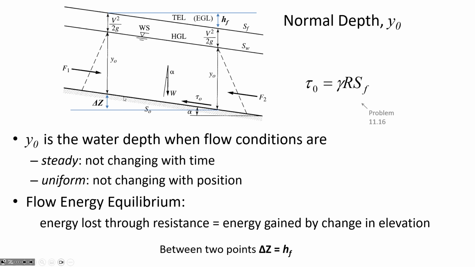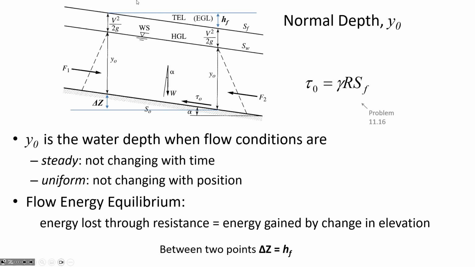So here's really the important, this is the main point of the slide, is that delta Z is how much energy is being lost. And if there was no friction, you'd be exchanging elevation for an increase in velocity. But there's head loss that occurs.